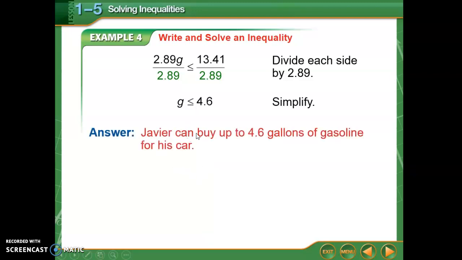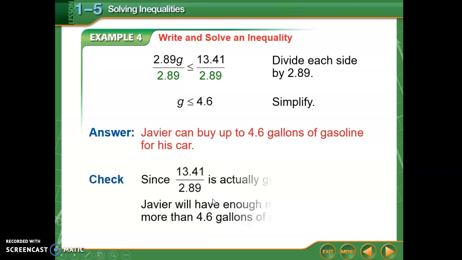Okay, so Javier can buy up to 4.6 gallons of gasoline for his car. You can also check your answers to make sure that your answer is correct. Since 13.41 divided by 2.89 is actually greater than 4.6, Javier will have enough money if he gets no more than 4.6 gallons of gasoline.